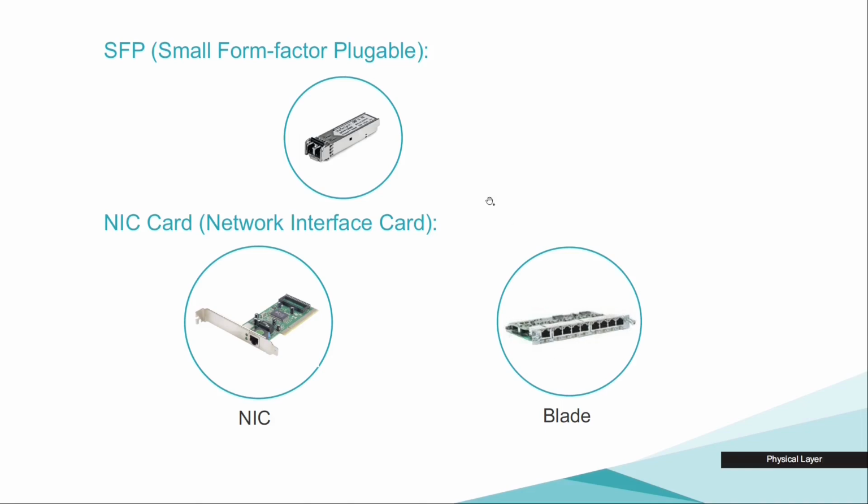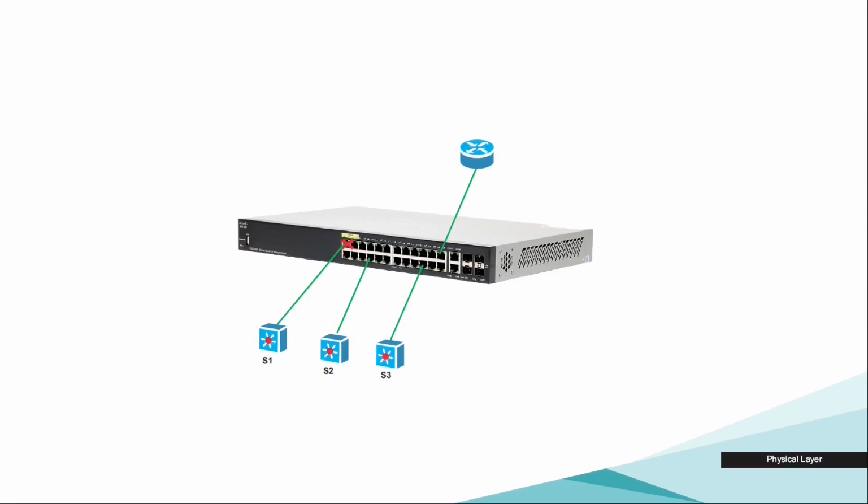Before we start with the cables, what is the SFP transceiver and why do we need it in our network? Let's imagine we have one of the distribution switches or core switches, connecting the router and multiple switches together. What will happen in our design if one of the ports goes down?